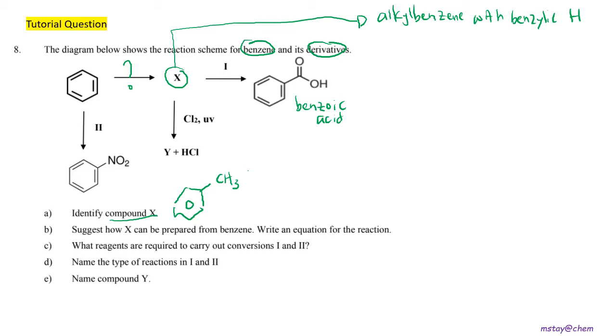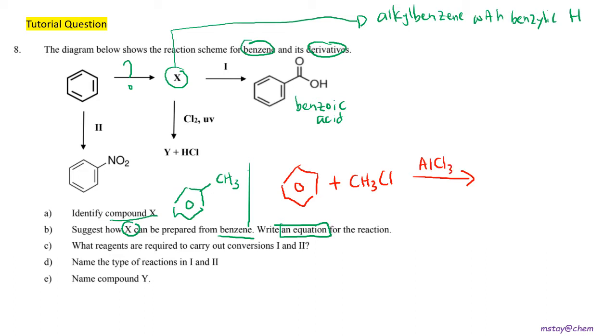Question B, suggest how X can be prepared from benzene and then write an equation. If we want to write the equation, maybe we can continue over here. The methylbenzene might be from benzene, which is going to react with methyl chloride in the presence of the catalyst AlCl3.